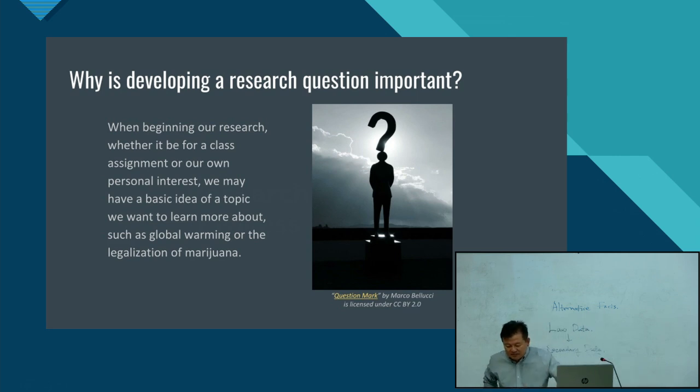So developing a research question is very crucial, because it narrows down a broad topic into a specific area of study. It also guides the research framework, methodology, and analysis, ensuring the study's cohesion and relevance.